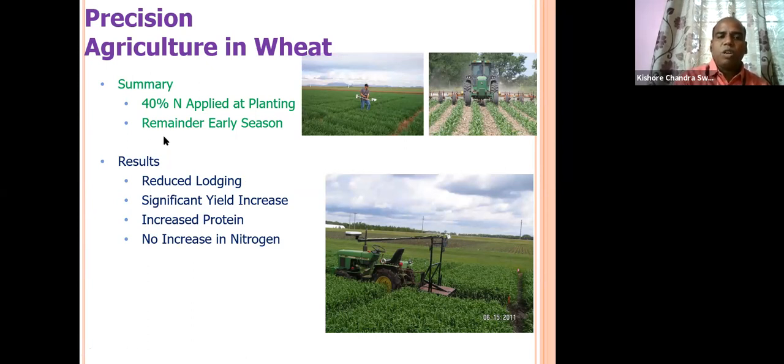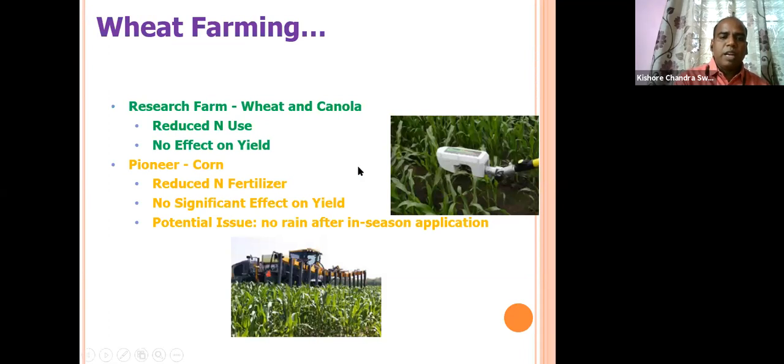So we can save 40% of the fertilizer cost, which will give more profit to the farmers. Sometimes we can increase the yield also, and here we reduce the nitrogen use without changing the crop yield.